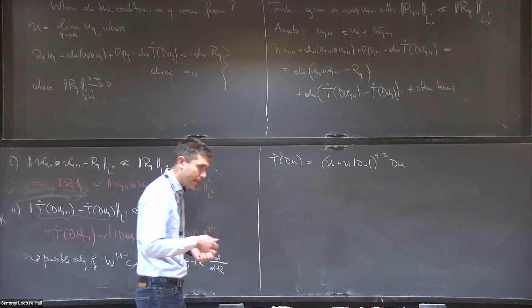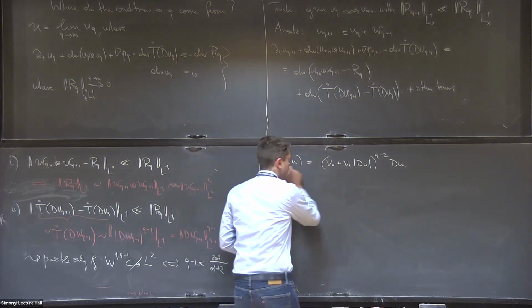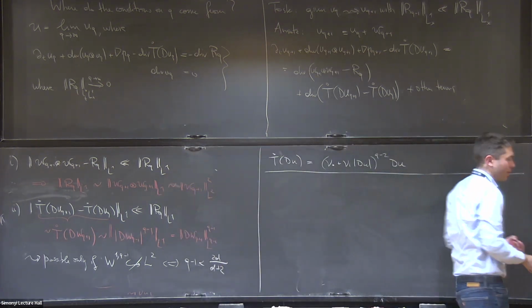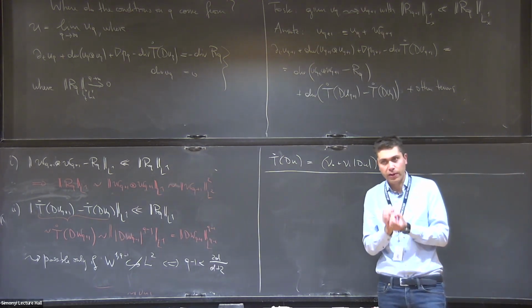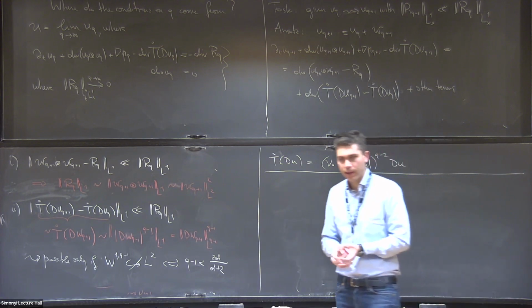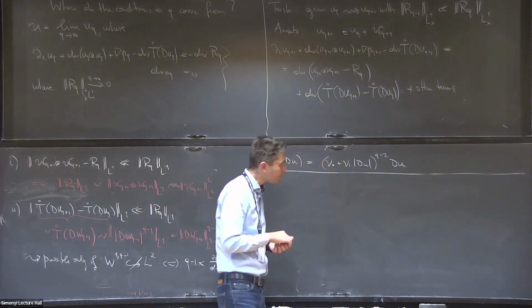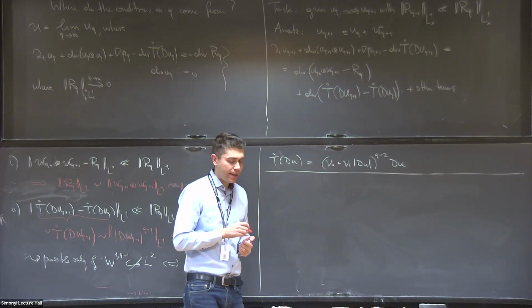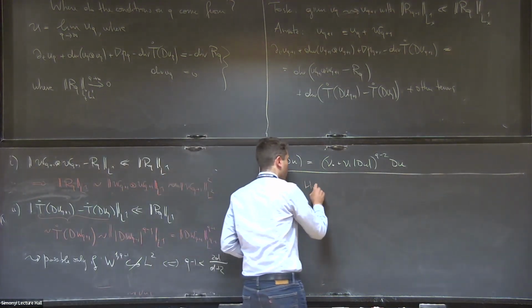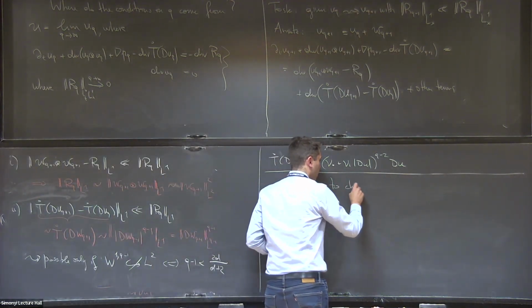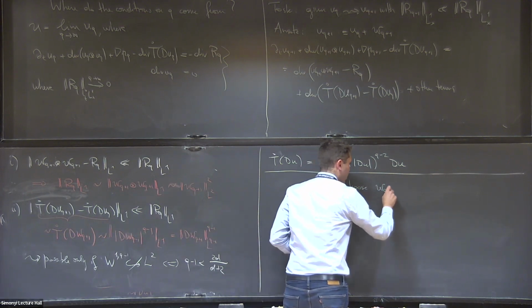And now let me try to give at least an idea why they are necessary, and also why they are sufficient for this construction. So the point is how to choose this W_{q+1}?